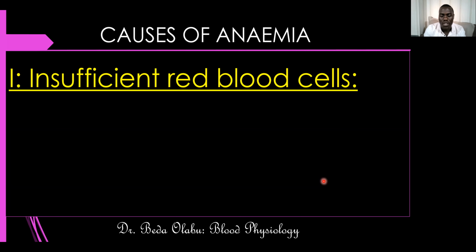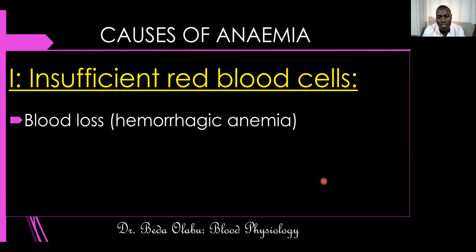The number of red blood cells can be low because you've lost blood. So you've bled, basically. Anemia due to blood loss is what we call hemorrhagic anemia. And there are multiple causes of bleeding. It could be someone has been involved in a road traffic accident and so they have bled.